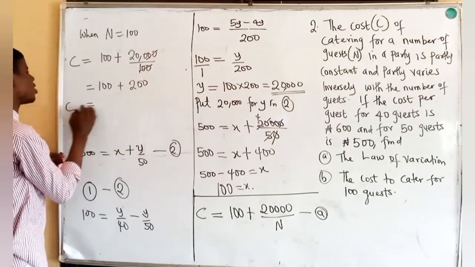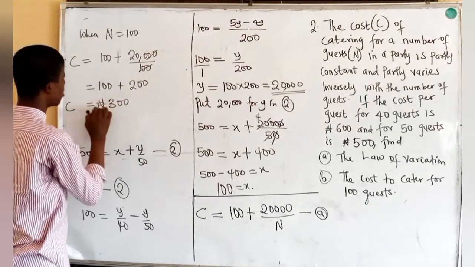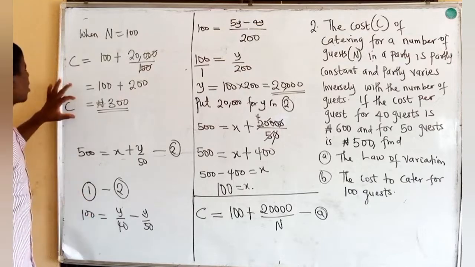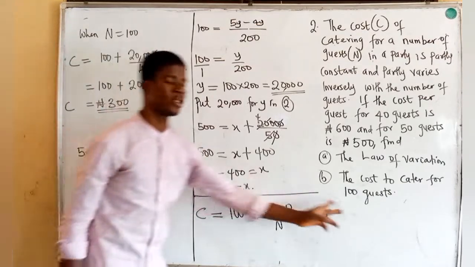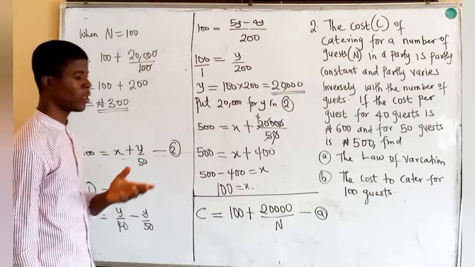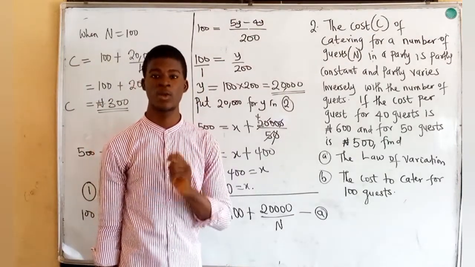So the cost is equal to 100 plus 200, that's 300 naira. So the cost to cater for 100 guests is 300 naira.